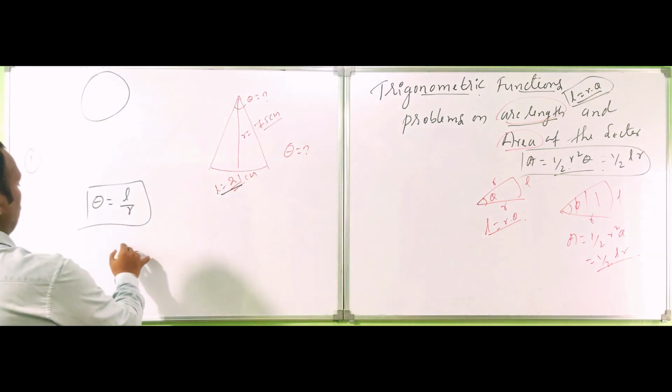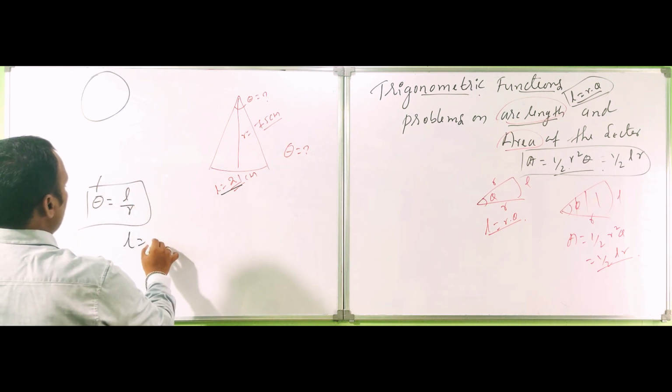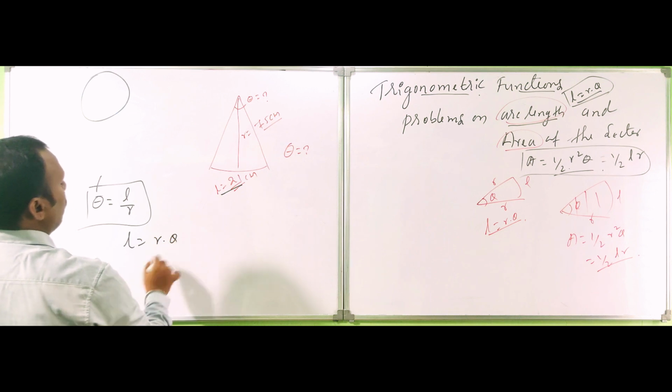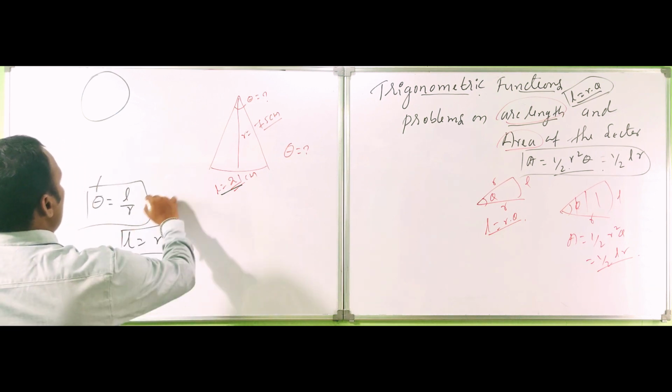L becomes R into theta, where theta is the angle, R is the radius, and L is the arc length. Directly you can substitute.